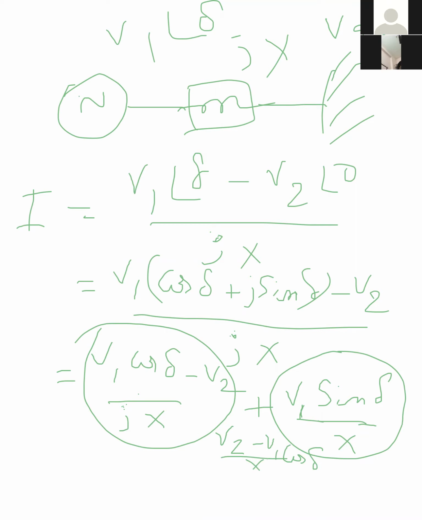So I wrote it in reverse, that is V2 minus V1 cos delta by X. If you multiply this with V2, you get reactive power, that is V2 into (V2 minus V1 cos delta) by X.